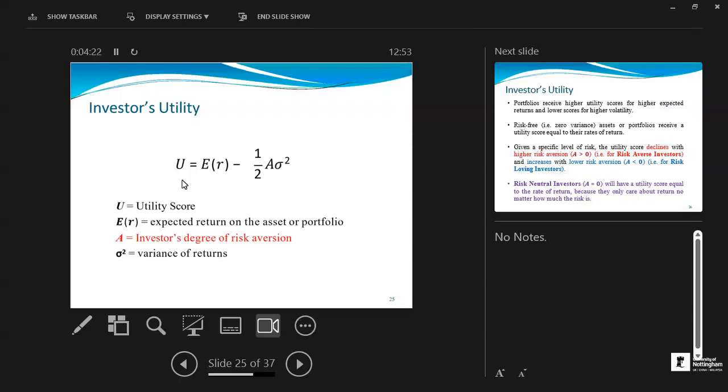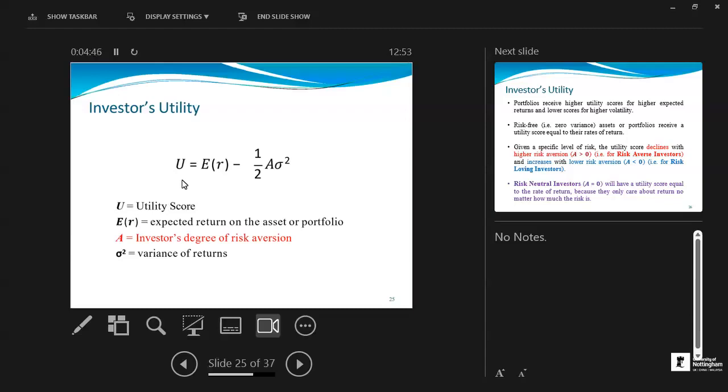And then we have an additional term, A. We know risk is measured by variance or standard deviation, and this additional term A represents individual investors' risk preference. Here we call it aversion to risk.